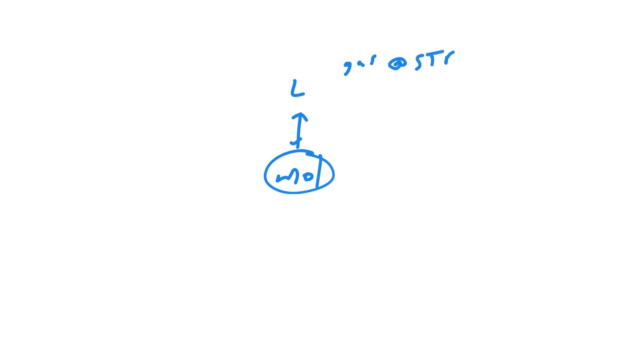STP stands for standard temperature and pressure. Standard temperature is 0 degrees Celsius and 1 atmosphere of pressure. So this means we can't use this method to find the volume of water because water is not a gas at STP. This only applies to gases when they're at 0 degrees Celsius and 1 atmosphere of pressure.